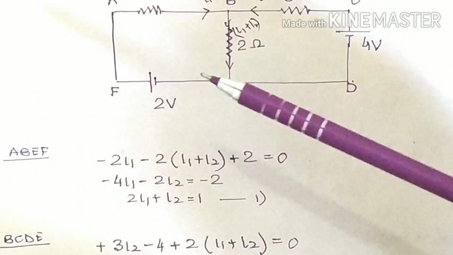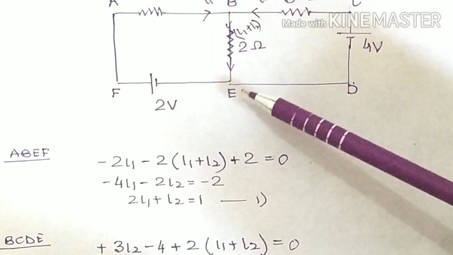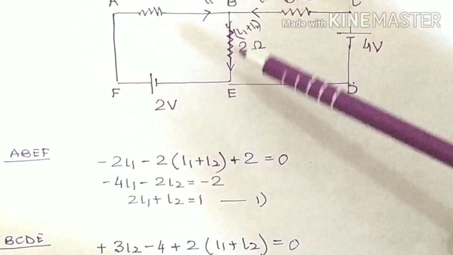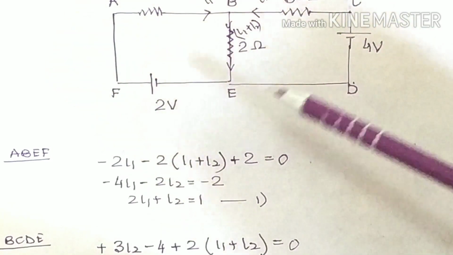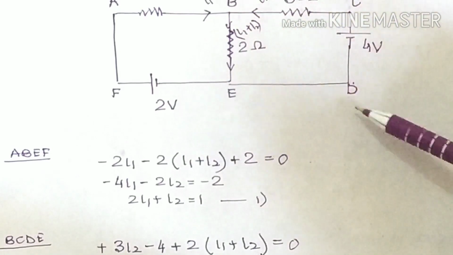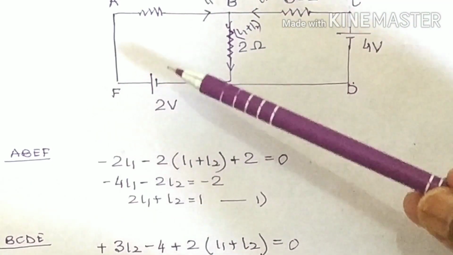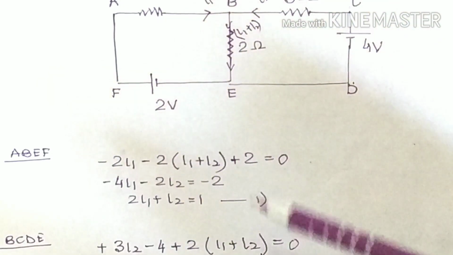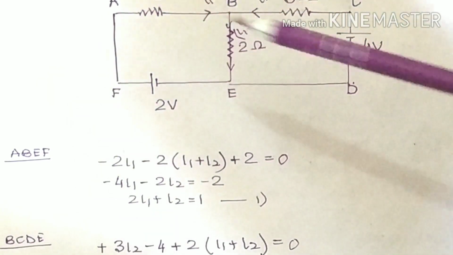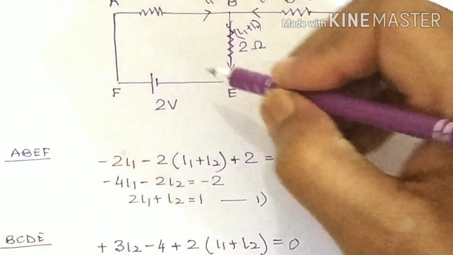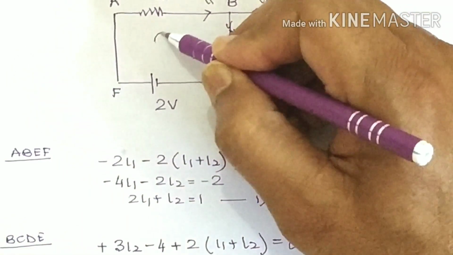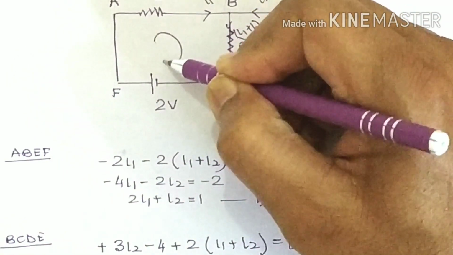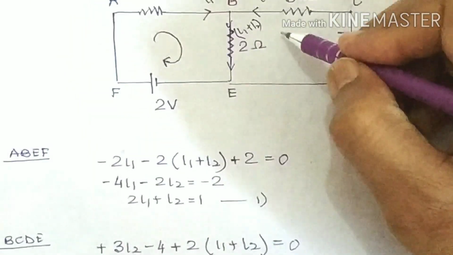The first loop is A, B, E, F, and the second loop is B, C, D, E. Let us consider the first loop A, B, E, F, and draw a clockwise arrow over here.